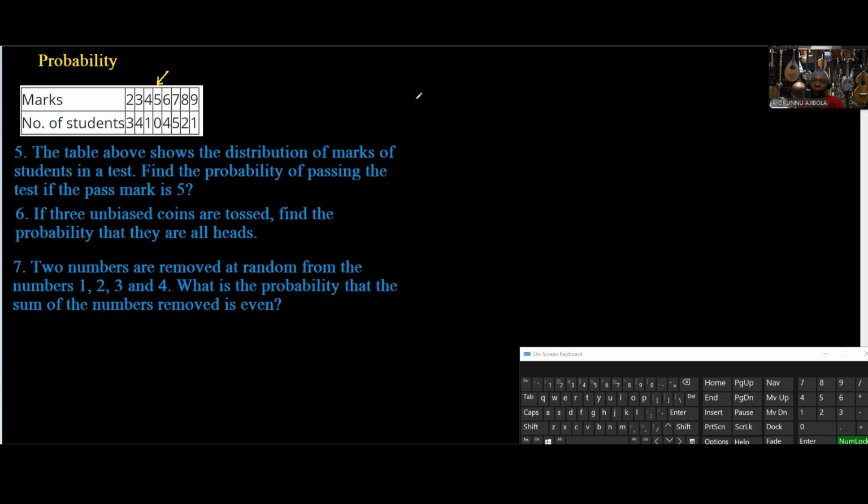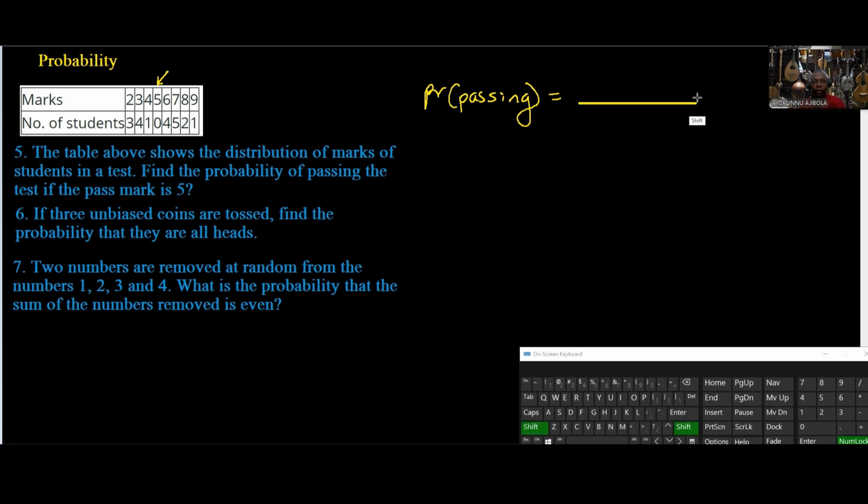Okay. Yes, sir. So the probability of passing will be the number of people that pass over the total population.